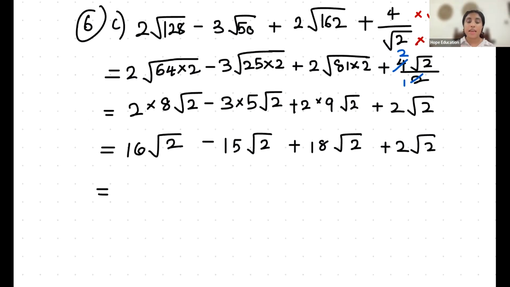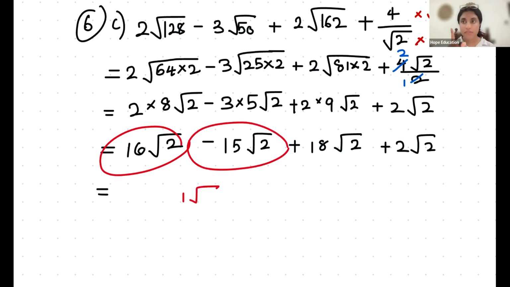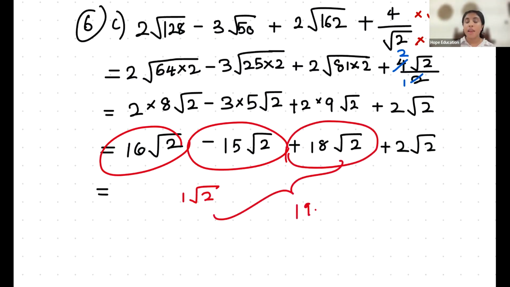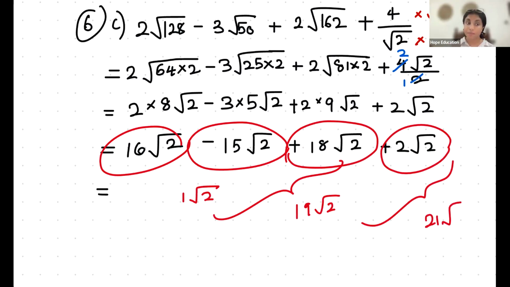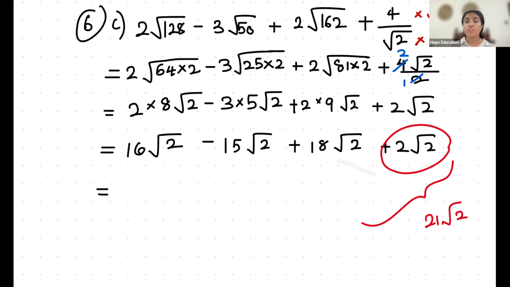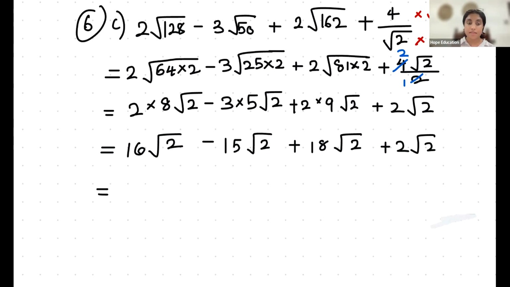Let's do this. 16 root 2 minus 15 root 2 means 1 root 2. 16 minus 15 is 1, no? 1 root 2 plus 18 root 2, 1 plus 18 would be 19 root 2. 19 root 2 plus 2 root 2 would be 19, 20, 21. That would be 21 root 2. And now, what is the answer here? 21 root 2 would be the answer.